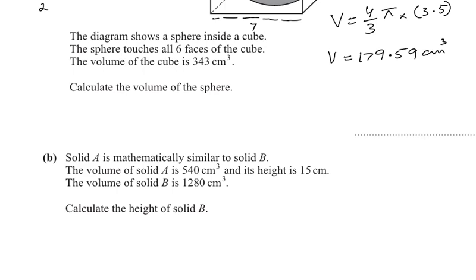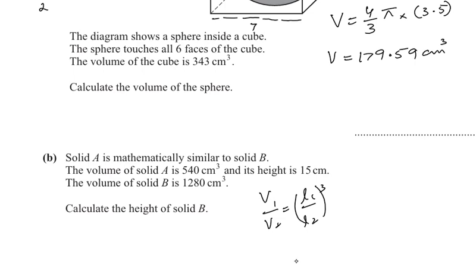So in this question, we are going to deal with the concepts of similarity, and the formula we will be using is V1 over V2, which equals L1 over L2 and whole cube.